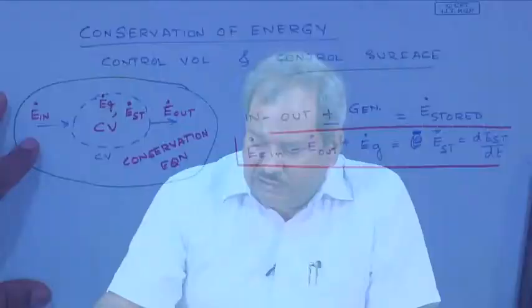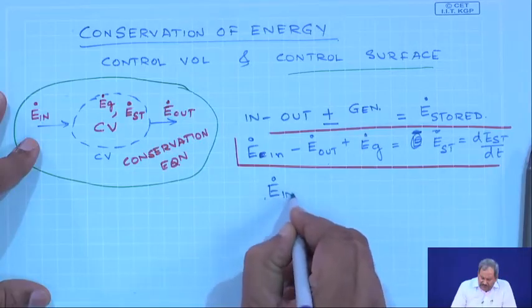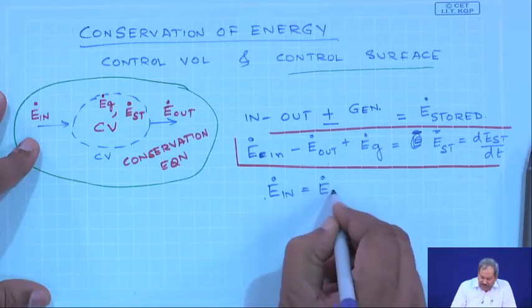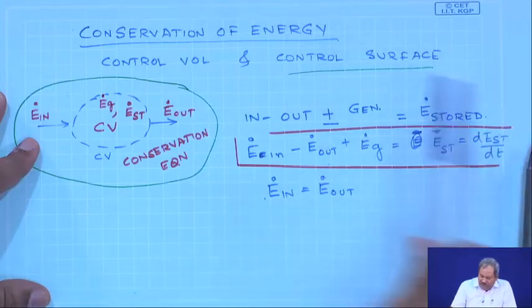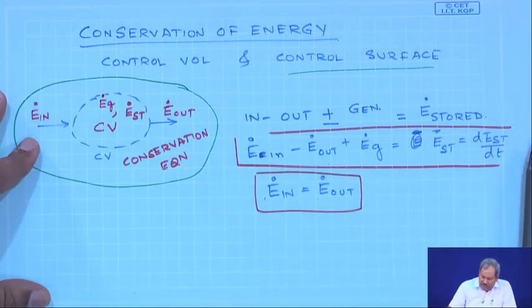So, for a control surface, the conservation equation would simply turn out to be E dot in is equal to E dot out.